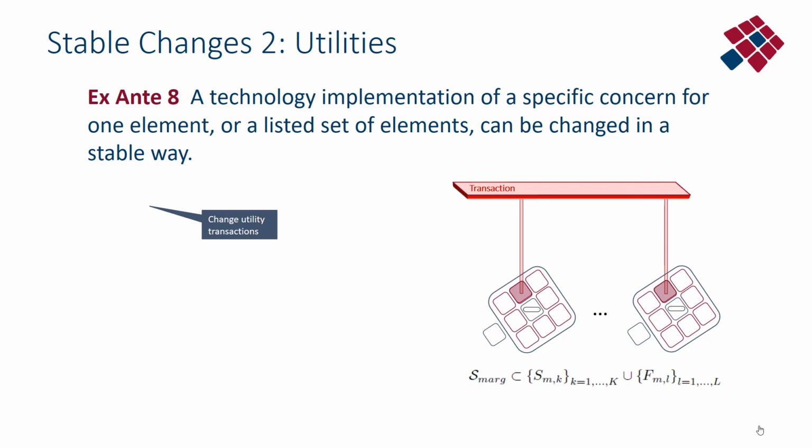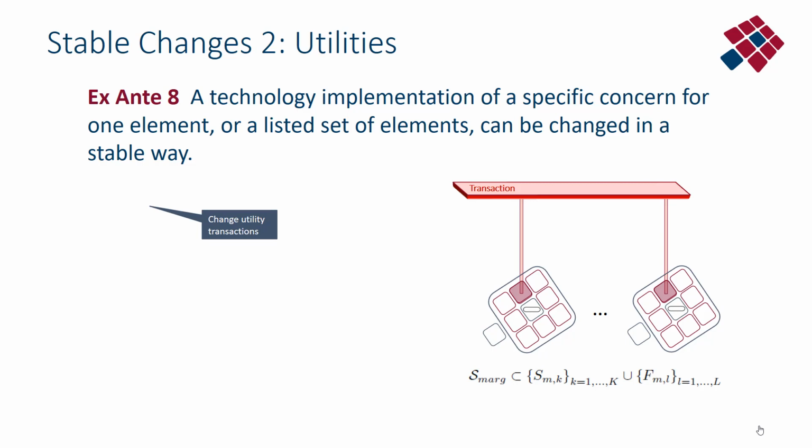So the marginal set of new versions of software classes would be limited to those classes that are part of the elements dealing with that cross-cutting concern framework in that set of elements.